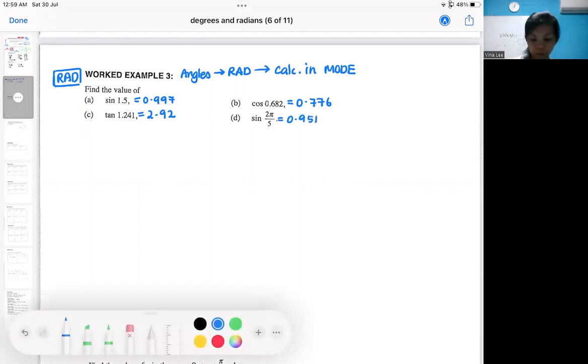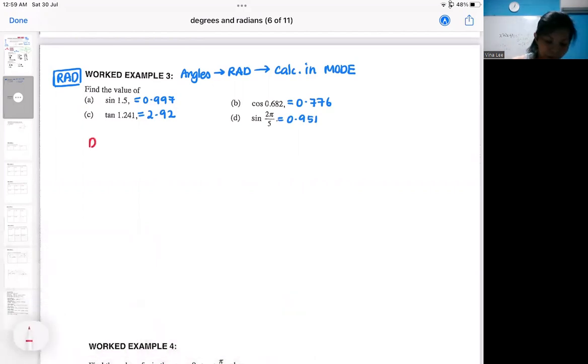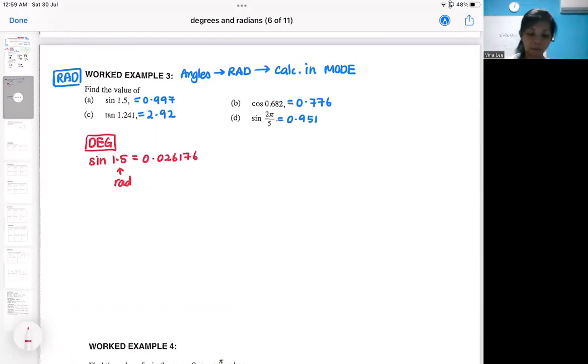So let's say you are not in radian mode, you are in degree mode, and you try to press this, and this is in radian. This is 1.5 radian. You try also, so you also know how to find. You will get 0.026176. You will get a very different answer.